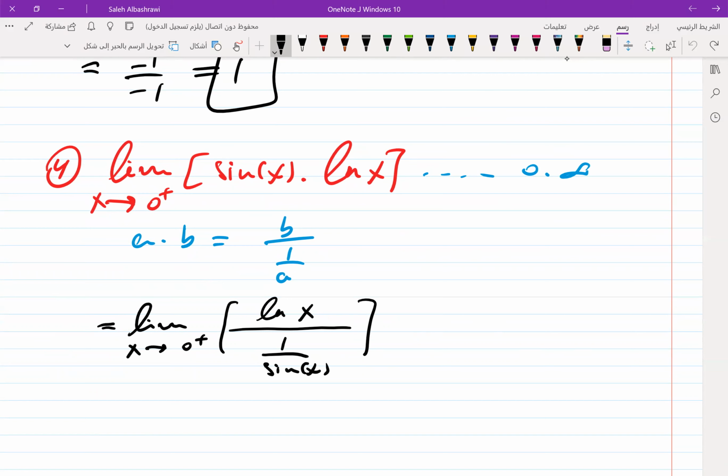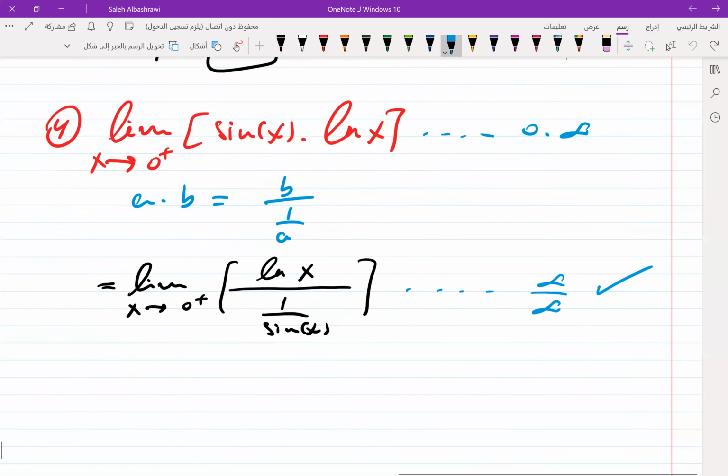This is now of the form infinity over infinity, which means that we can apply L'Hôpital's rule. This is minus infinity over infinity, which is one of the indeterminate forms.